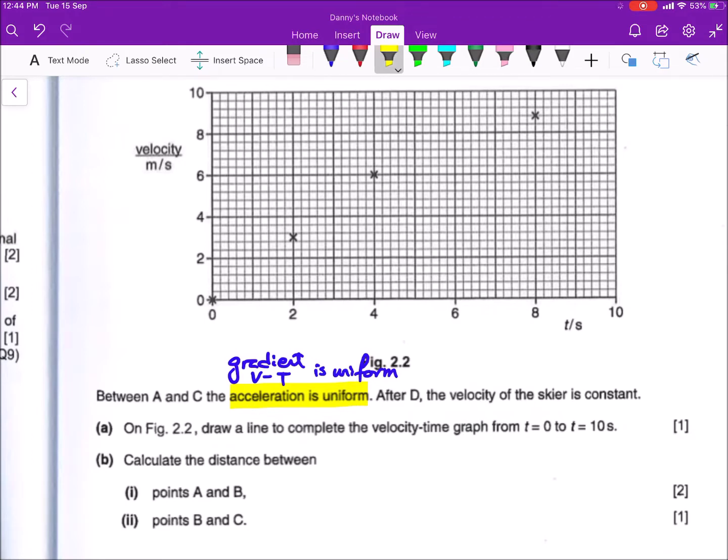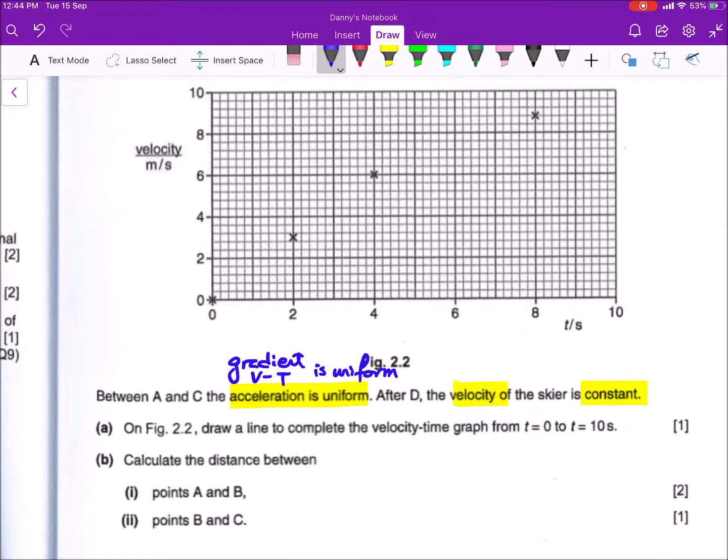Then after that, it says after D, the velocity becomes constant. Velocity becomes constant means, does your velocity change? And if that's the case, what is the implication for your acceleration? When velocity is constant, it means that it doesn't change, right? And acceleration basically is a measure of the change of velocity per unit time.